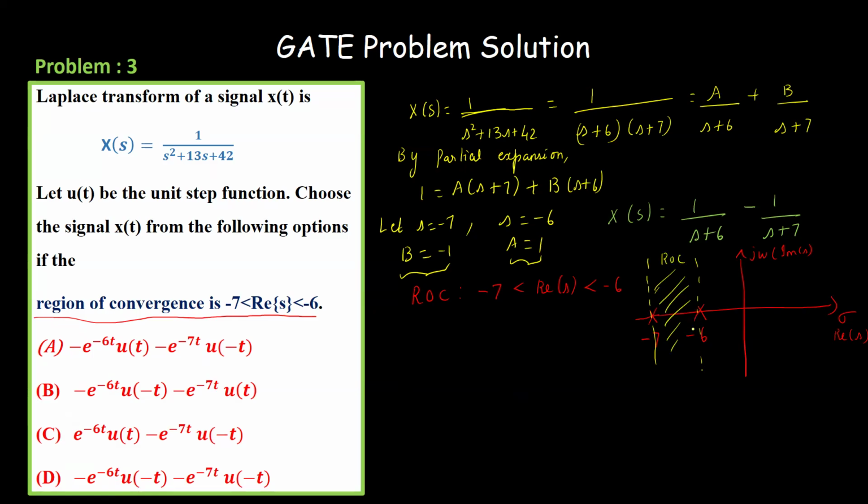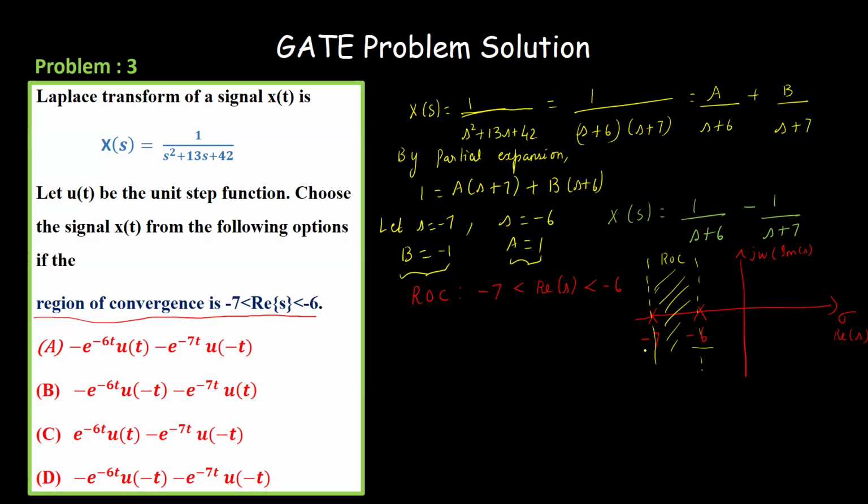Now, considering this, when we consider the pole -6, it is a left-sided signal. So we have to consider a left-sided signal. We know u of t is the step function, a positive-sided, right-sided signal. u of minus t is the left-sided signal. So when we consider the pole -6, we have to consider the input signal as u of minus t.